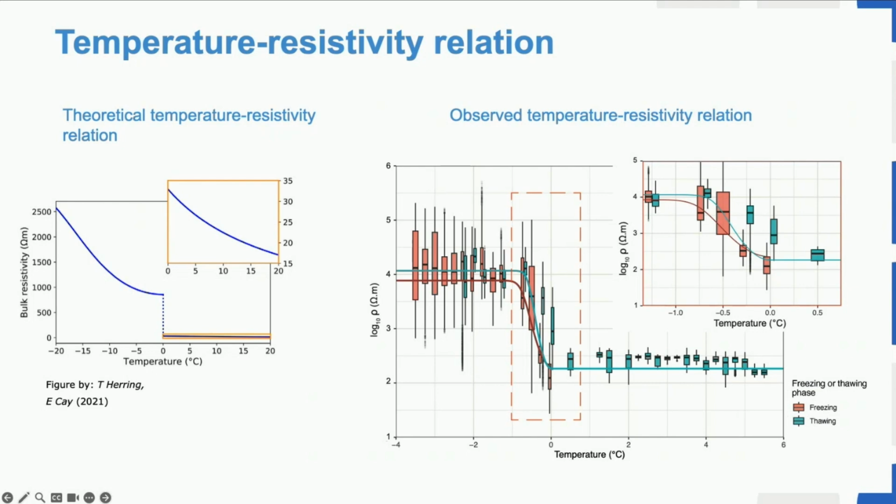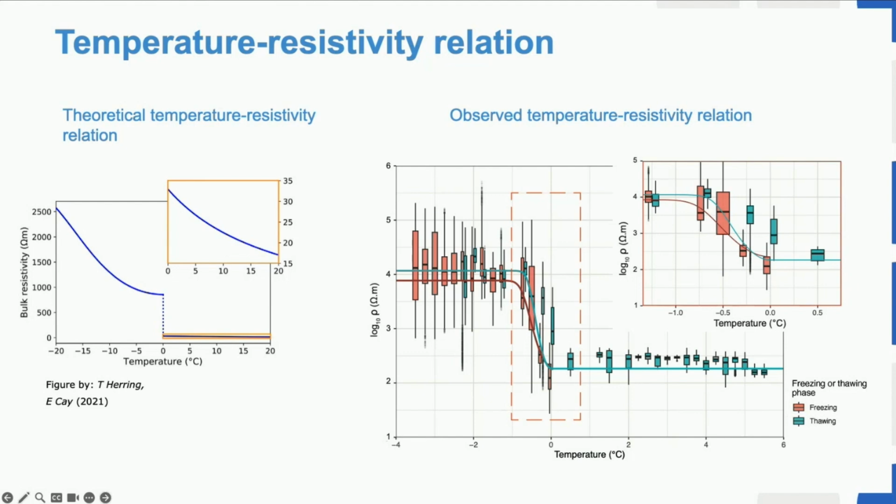So if we go back to our theoretical temperature-resistivity relation on the left, where you can see this quite clear jump in bulk resistivity as you start freezing, what we did was extract the resistivity values for the exact temperatures. Here on the right you can see quite clearly the same jump in resistivity that you get from theory. But you can also see that there's a hysteresis pattern.